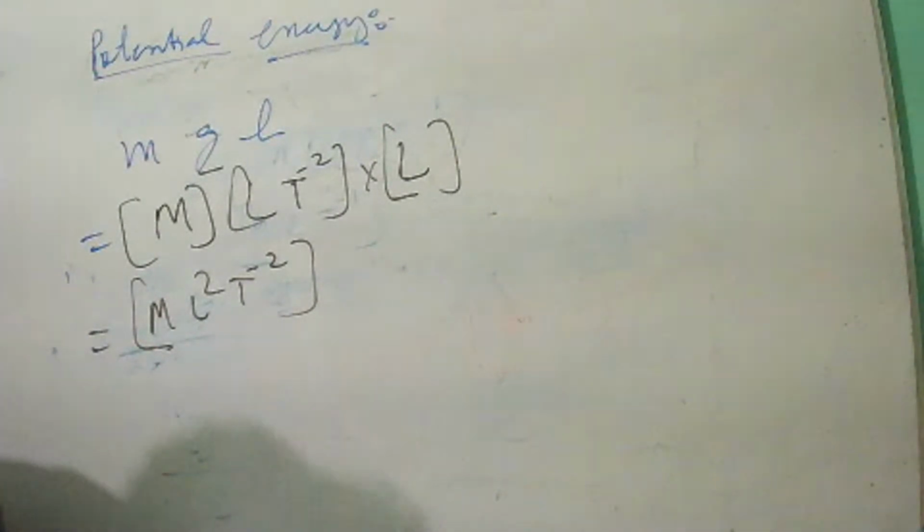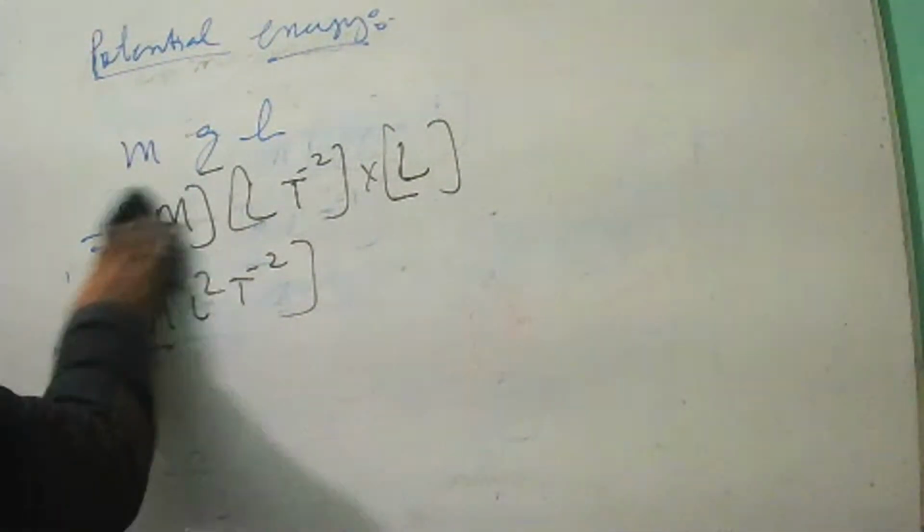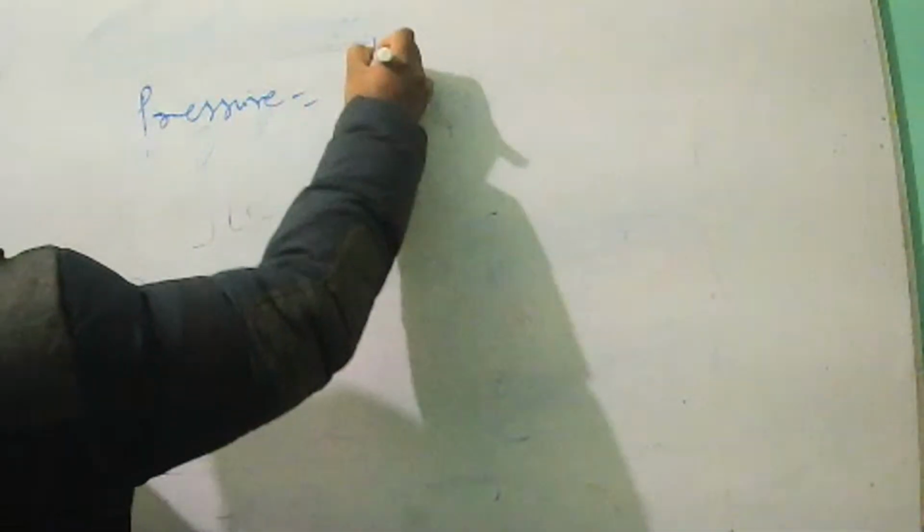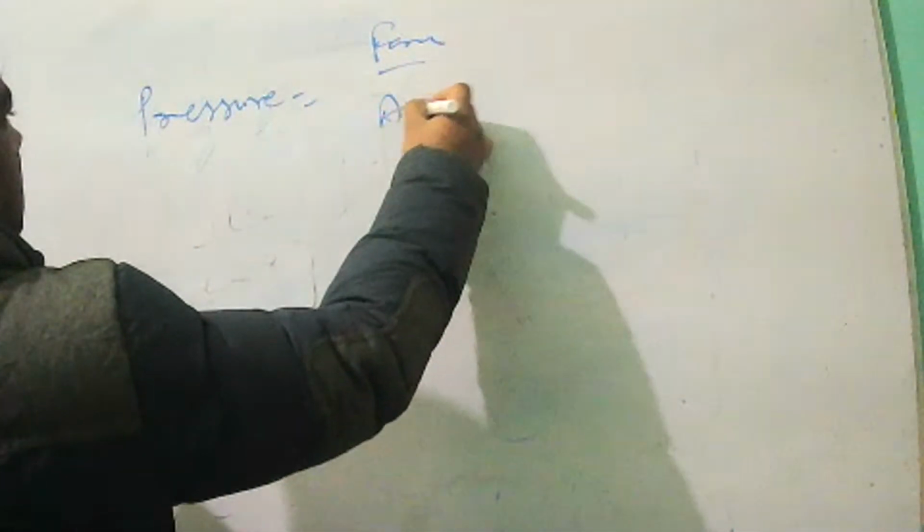Correct? Next is pressure. How do you define pressure? Pressure is force acting per unit area. How much force is acting on a given area, that is called pressure. Pressure is equal to force divided by area.